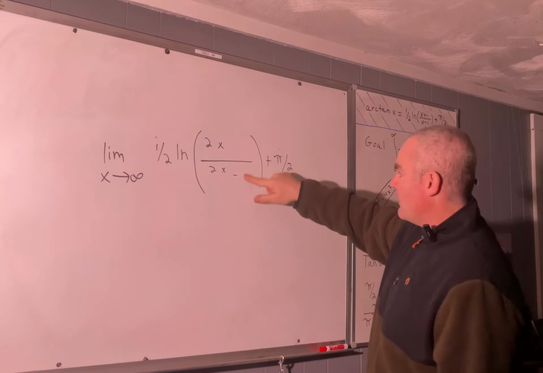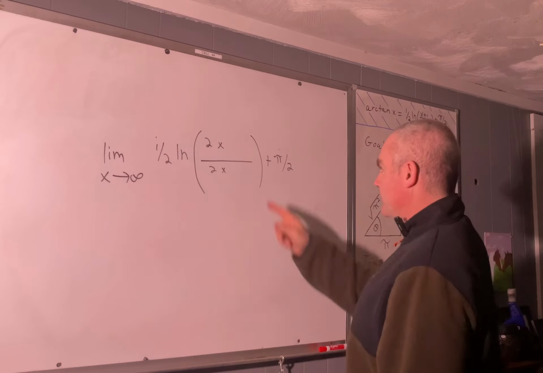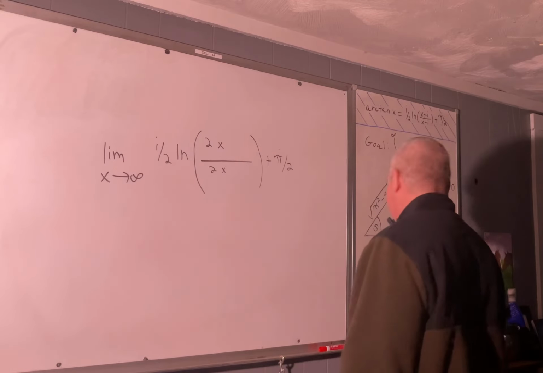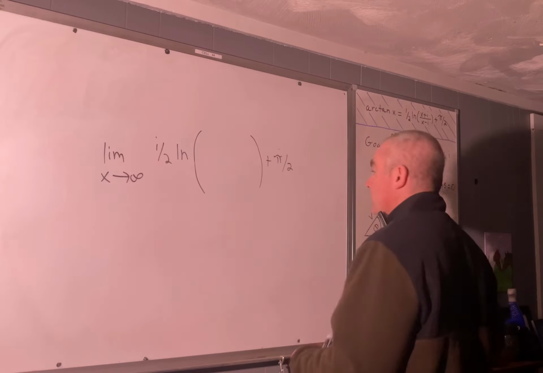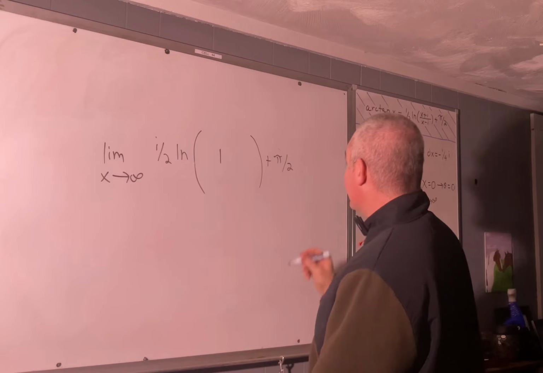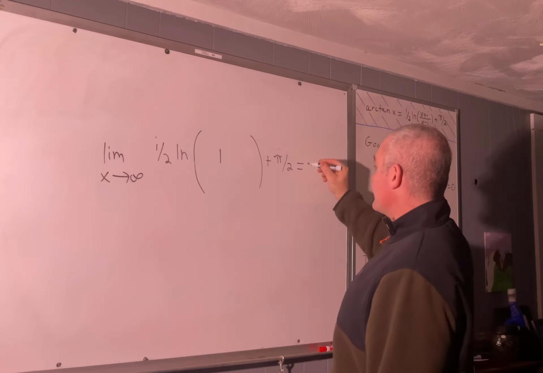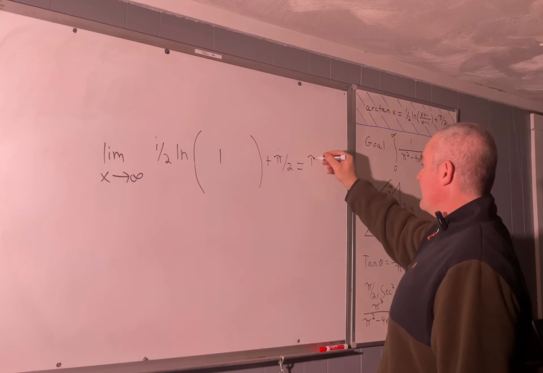This negative 1 also insignificant. And then we're just left with 2x over 2x, which is simply 1. And we all know that the natural log of 1 is 0. So this whole thing just equals what we have left over here, which is just pi over 2.